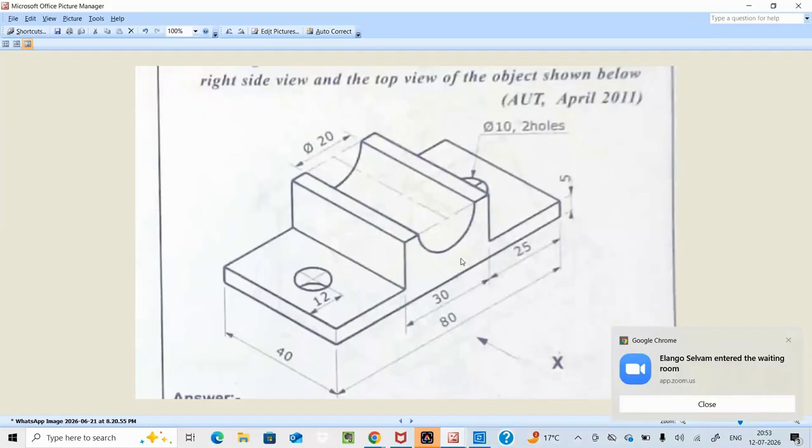This line is coming here, and this circle is not touching this particular point. Few drawings will have perfect dimensions given, and few drawings' dimensions will not be given. So we have to just assume a few things and complete it. The only thing is this half circle is not touching this particular point, a 5 mm distance. That is the only reason.